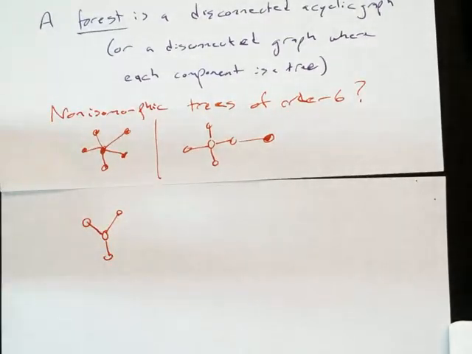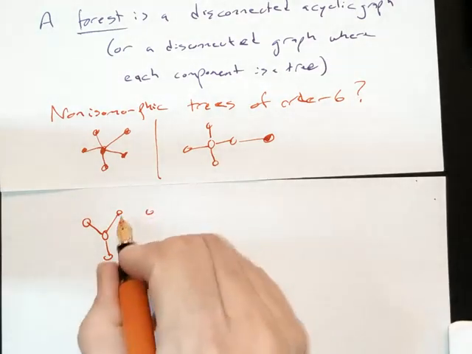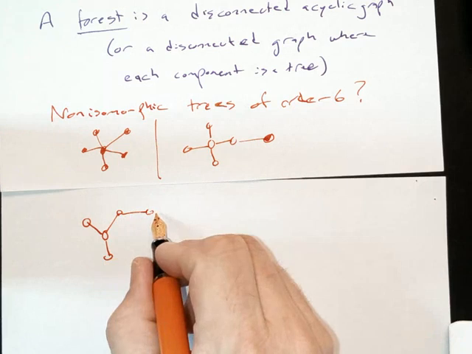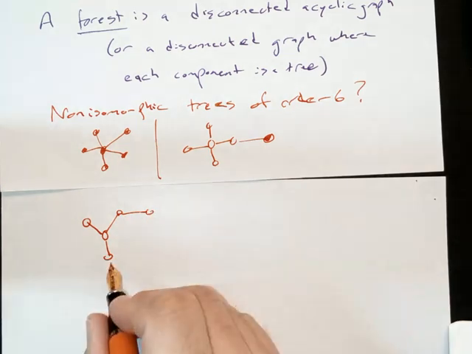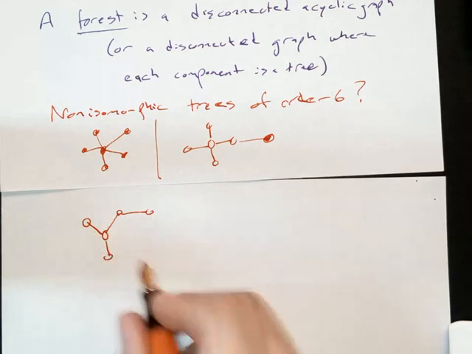Talk to me about what you mean by 2 in a row. So like this, connected to this or connected to this?